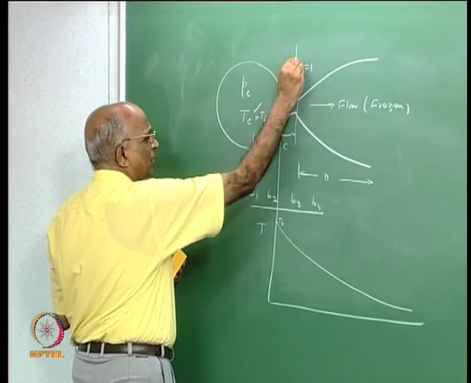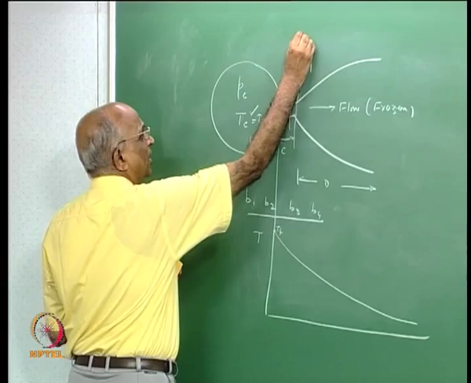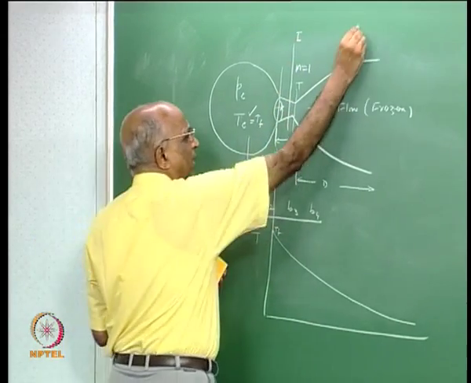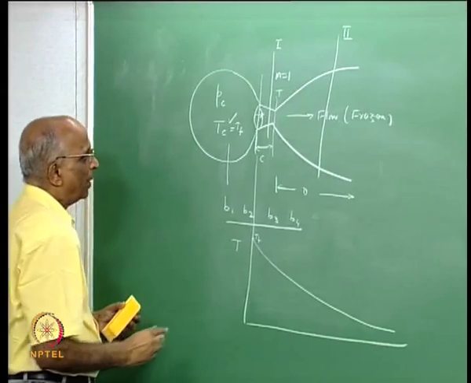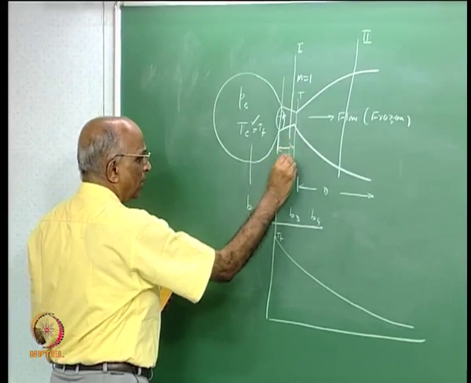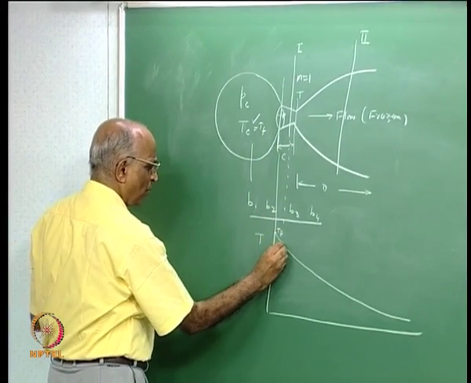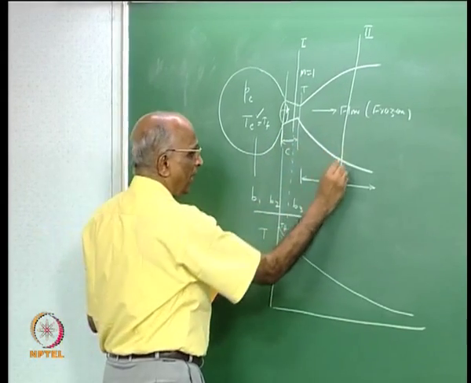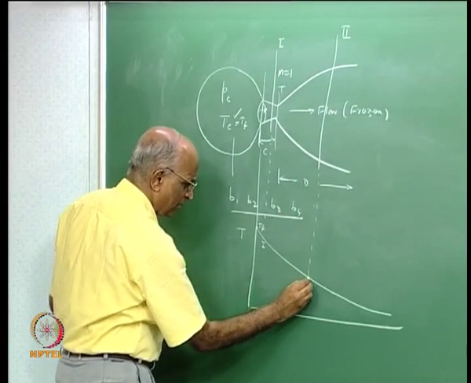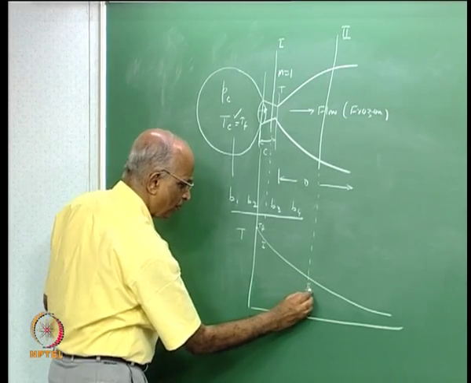Let me take a section over here, let us call it section 1, and another section 2 over here just to illustrate the phenomenon. I take section 1 in the convergent, and I again take a section in the divergent, this is 2.